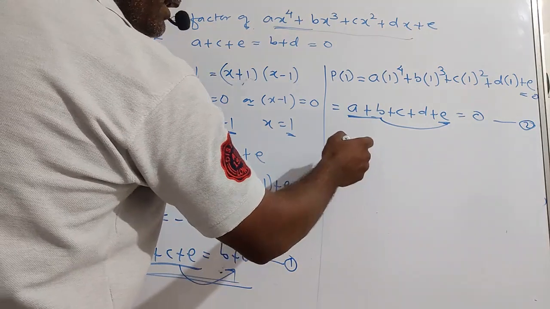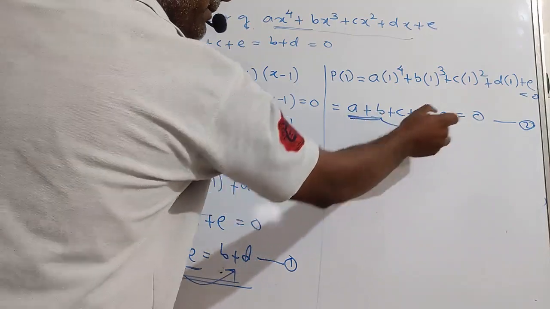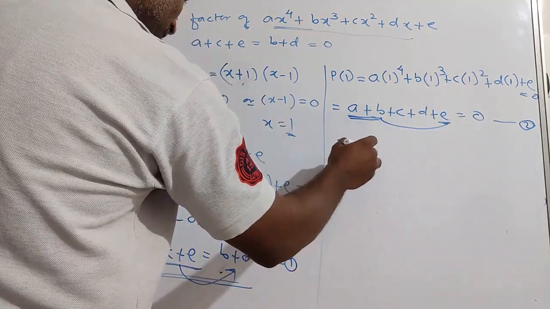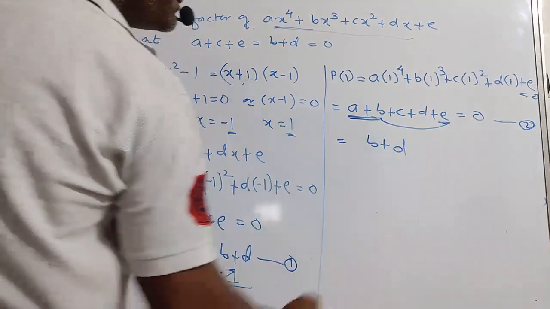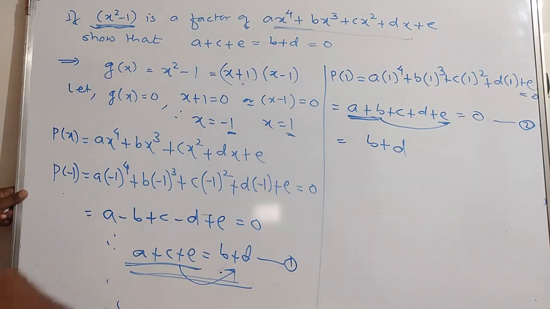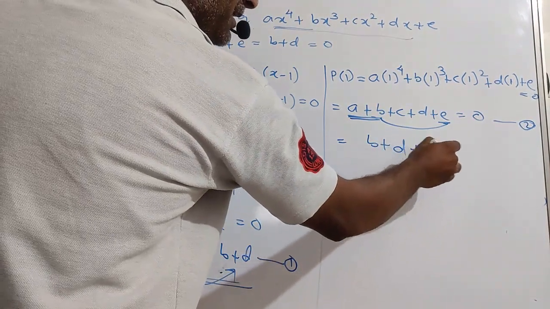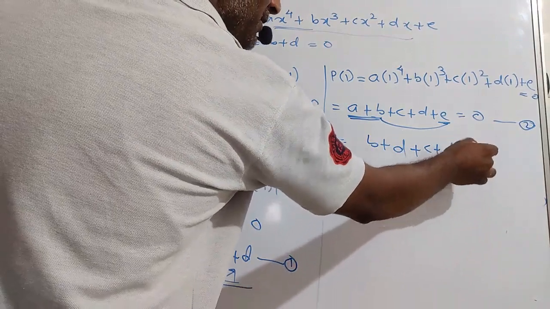So the remaining terms are b plus d, and the equation becomes b plus d plus b plus d is equal to 0.